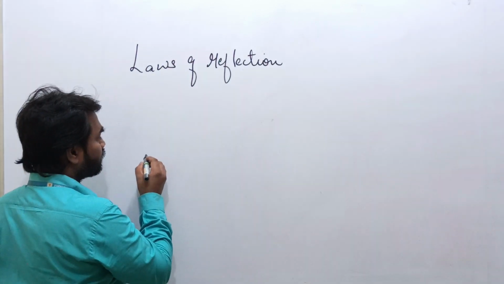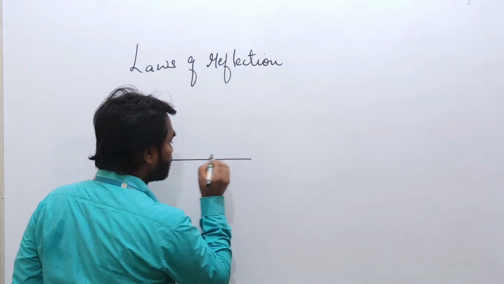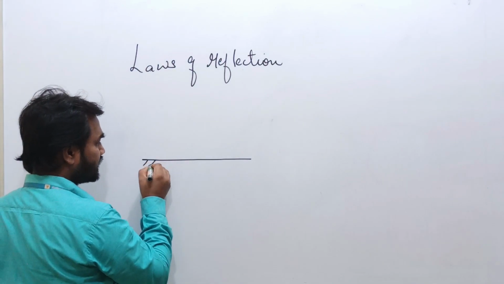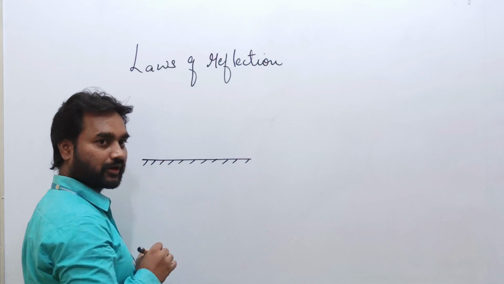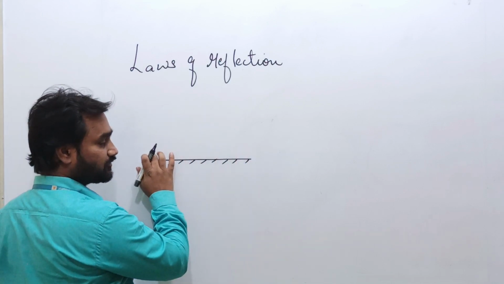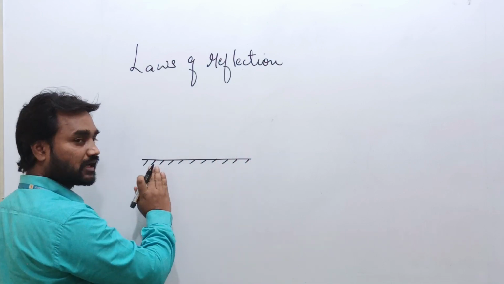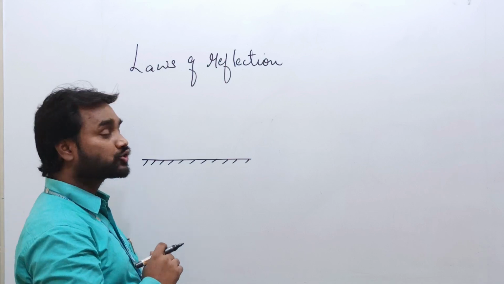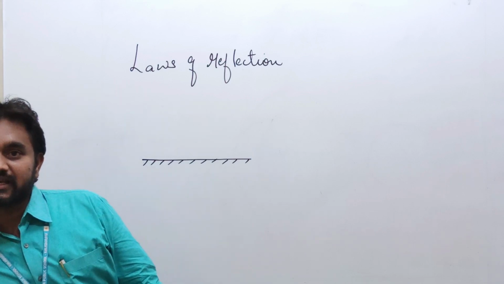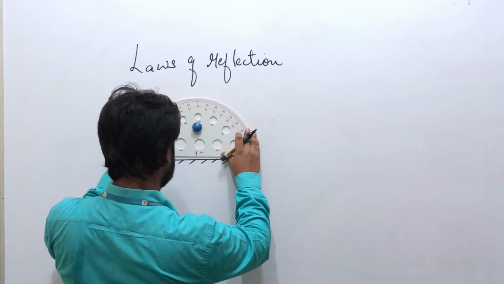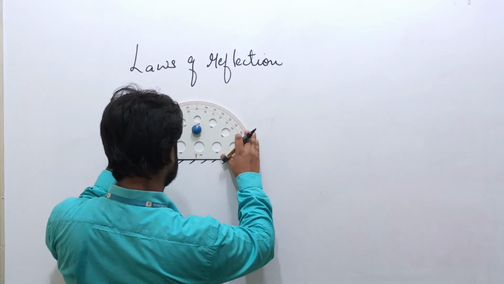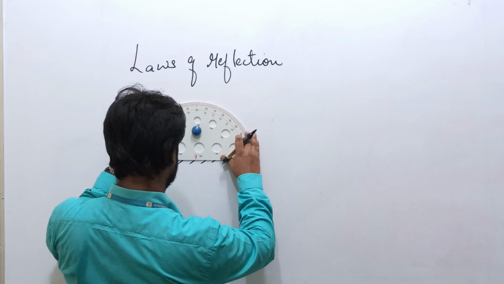let me take you through a drawing. Let us say that this is the reflecting surface, the upper one, and this is the shaded portion. So whenever we incident a light, let me take 2 points.